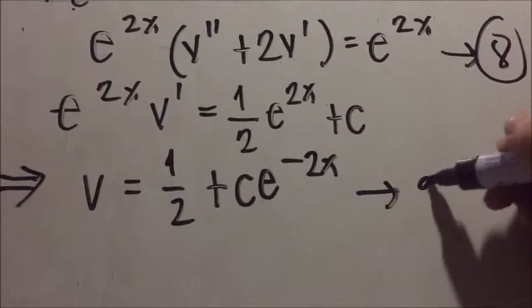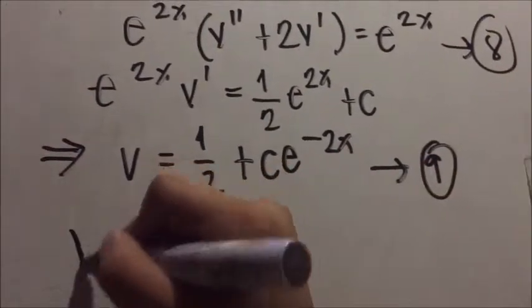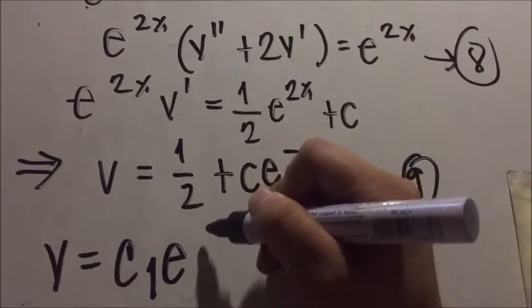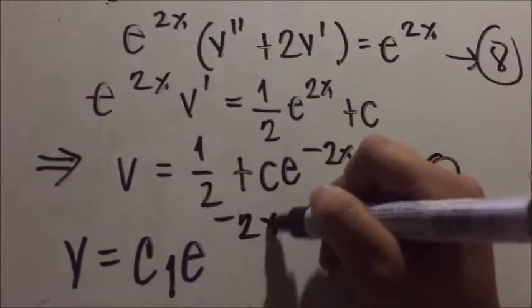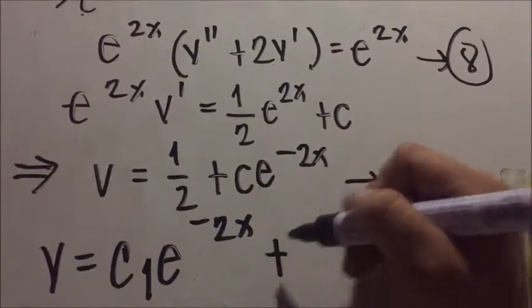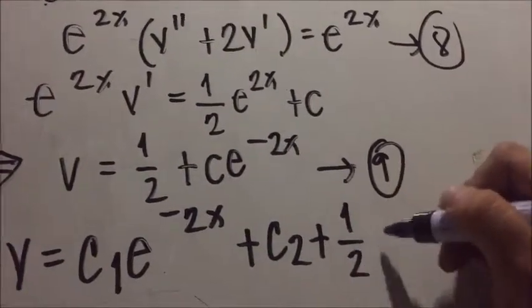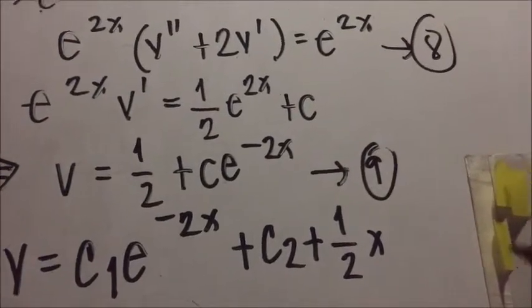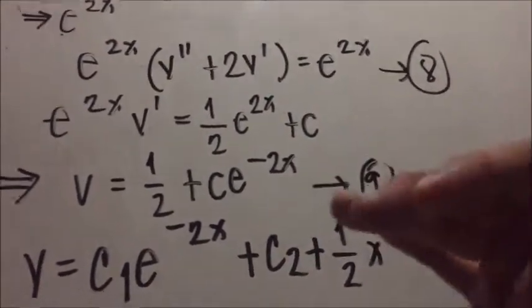And hence, v is equal to c1 e raised to negative 2x plus c2 plus 1/2 x, where c1 and c2 are arbitrary constants.